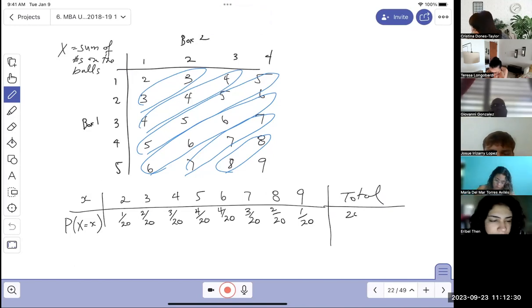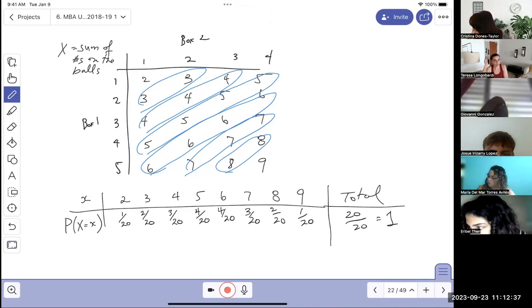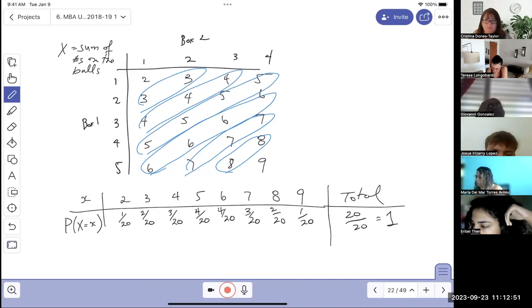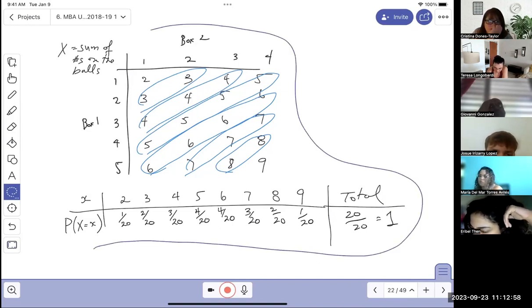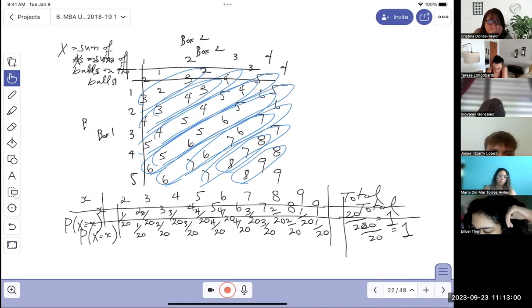And that should be 20 out of 20 or 1. So that is the distribution for the X, the sum of the numbers on the balls. That is symmetric. Yep. Good observation.